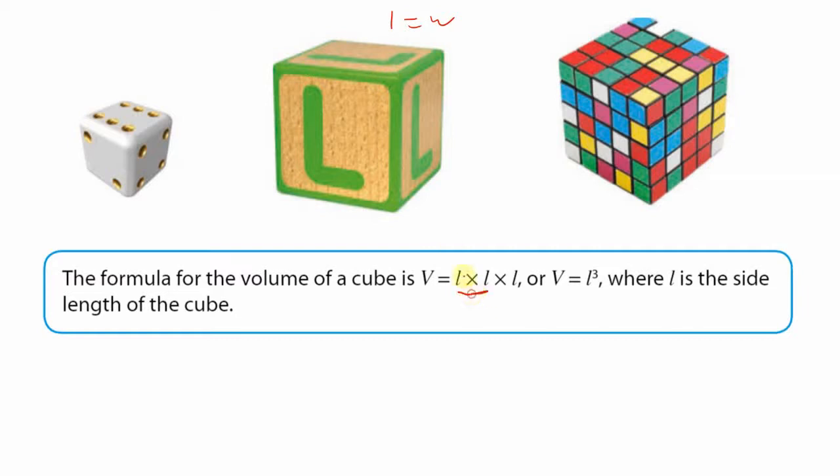That's the area of the base. And then we still have to multiply by the perpendicular height. For a cube it will also be the length, as all the sides are the same length. So for a cube, length times length times length is the same as length to the power 3.